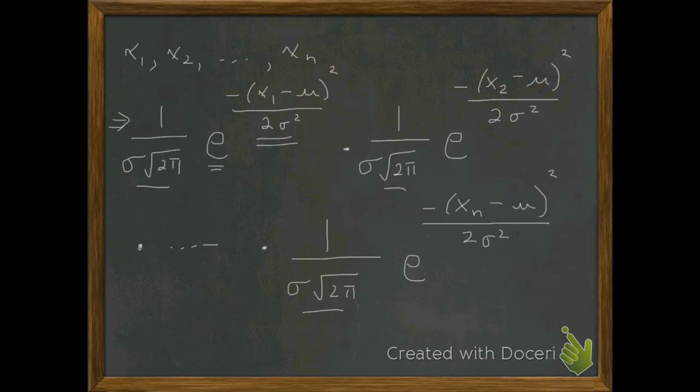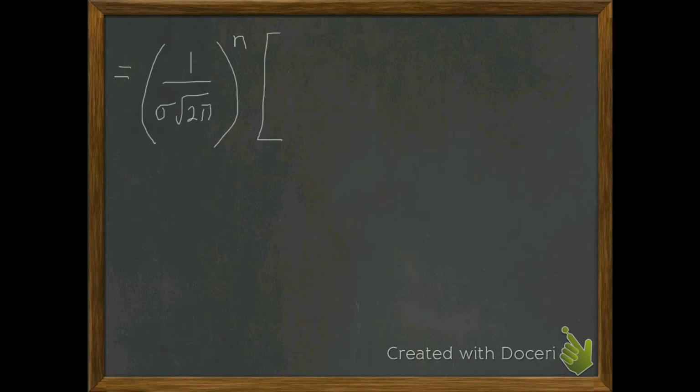Well, e to those. So again, we have a common base e, and we all know that we add the exponents when we multiply common bases.